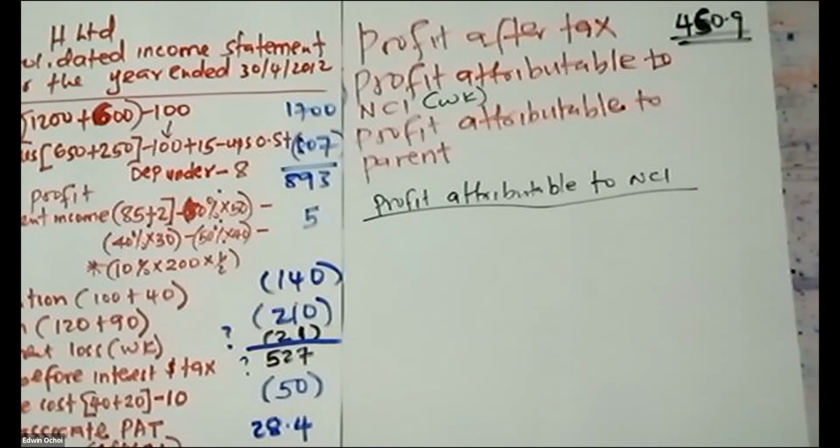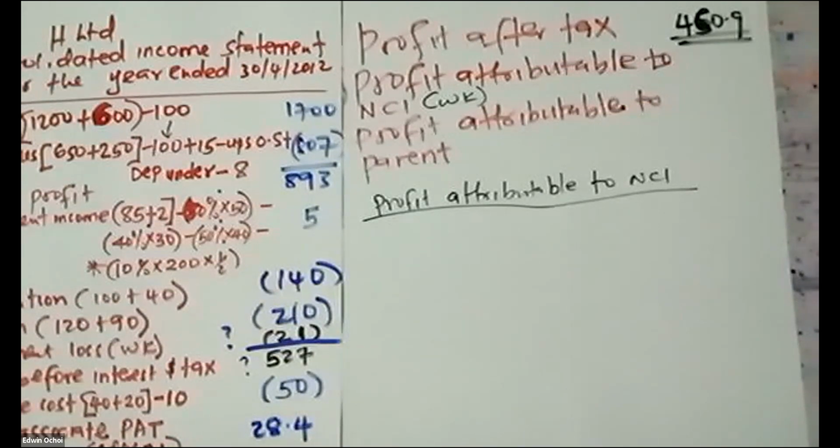He took 40% and 50% of that associate and joint venture after they have paid tax, which is fine. But for the subsidiaries, you can see we have not been taking 80% because the parent controlled it 80%. But we have been taking the whole amount, and that's what you are supposed to do until you get profit after tax. So we have been taking the whole amount of the parent and that of the subsidiary.